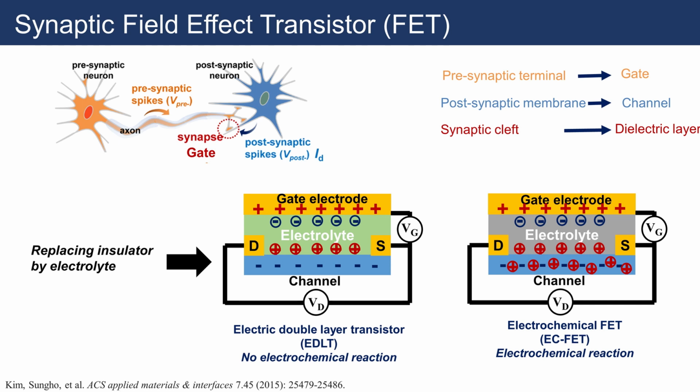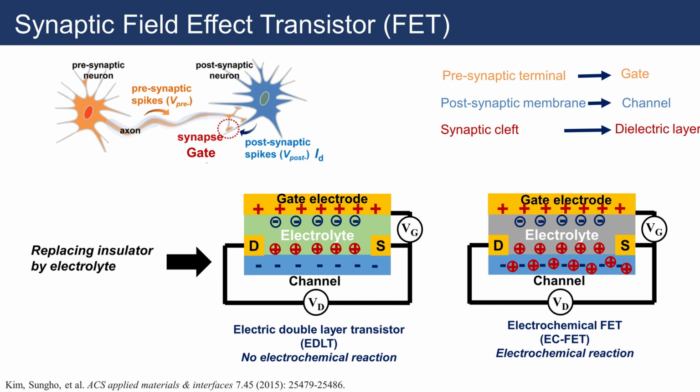They can move up and down depending on how much electrical field we apply, and because it's a movement of ions, we can control the property of the blue channel and tune it to different levels, states, or properties. But the difference between the electric double layer on the left and the electrochemical one on the right is whether there is an electrochemical reaction.